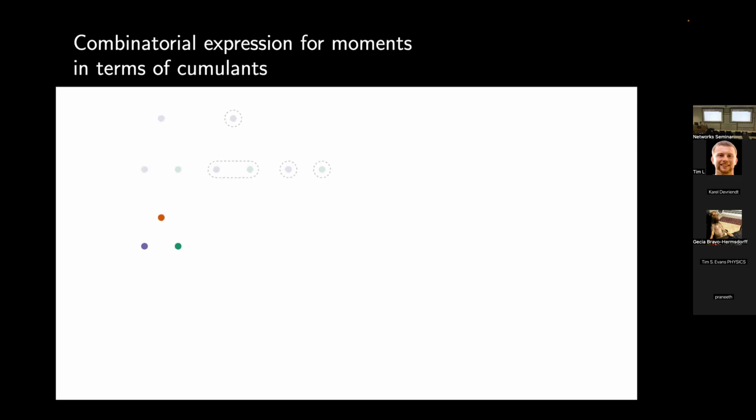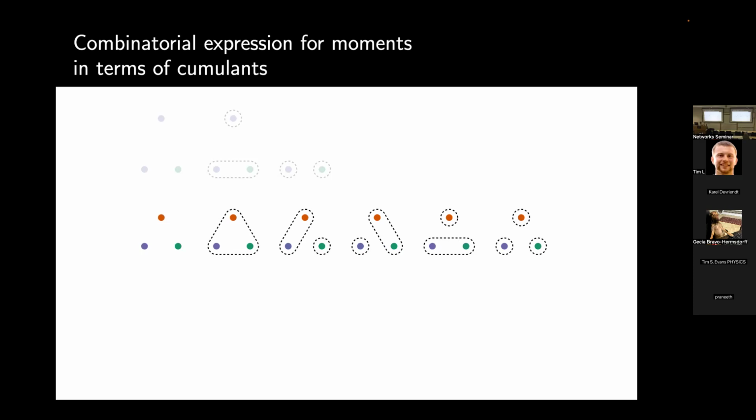Okay, just one more. What about partitioning three things? Again, the partition where the three things are in the same block, the partition where the three things are in different blocks, and then for the partition where you have two things in one block and one thing in the other block, we have three different ones, right? Okay.